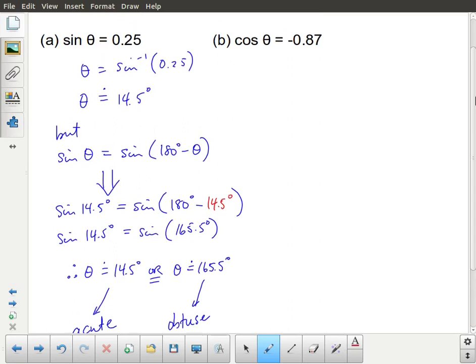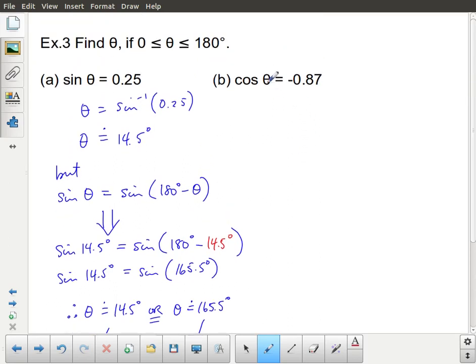Now, that's not always the case. Things get more complicated. The cosine of theta equals negative 0.87, which means theta is equal to the inverse cosine of negative 0.87. When I put that into my calculator, the inverse cosine of negative 0.87 gives me 150.5.